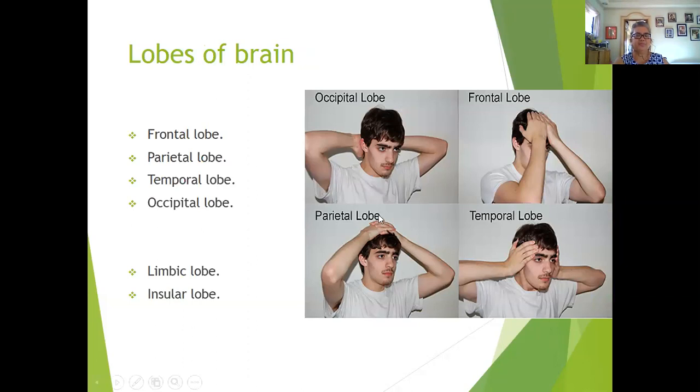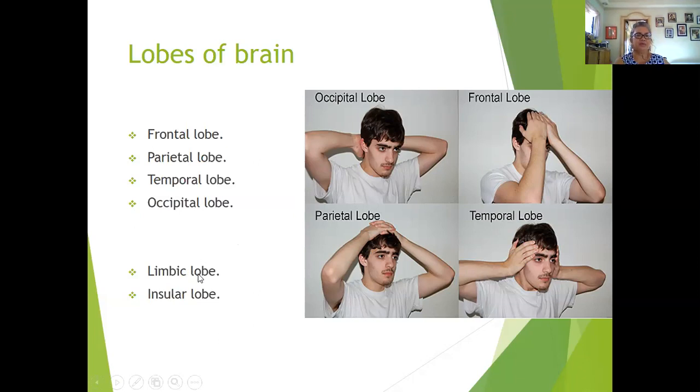If you put your palm at the top of your head, that will overlie the parietal lobe. And if you put your palm at the area where your ear is, it will overlie your temporal lobe.